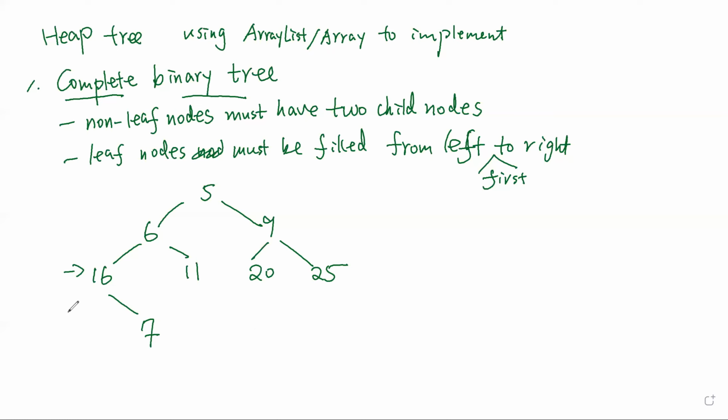The 7 goes to the right instead of the left, so it doesn't fit this second rule, because leaf nodes must be filled from left to right. So this is not a complete binary tree. It doesn't meet the definition. Then let's take a look at more.